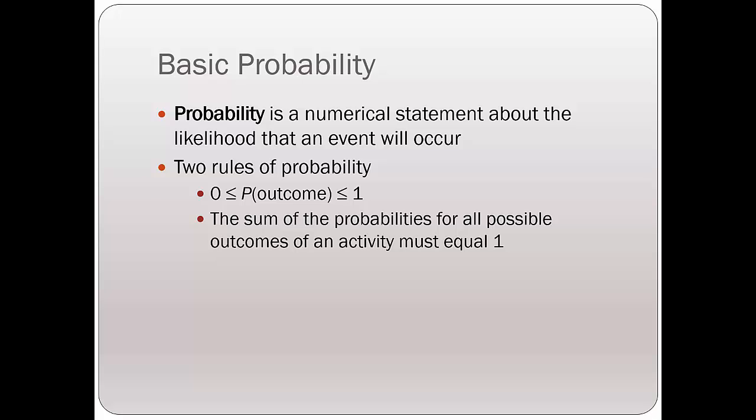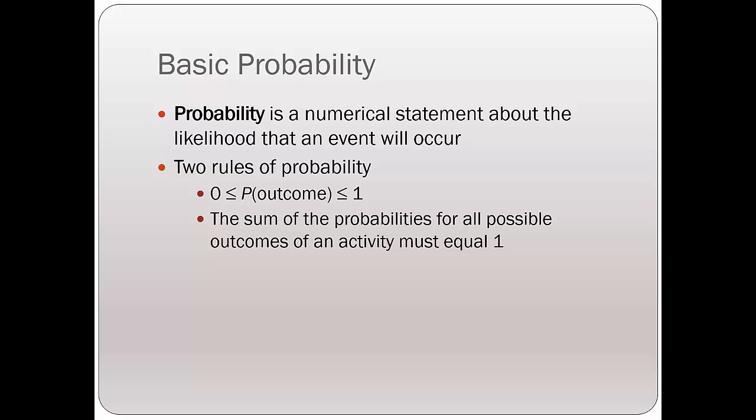Closer to 1 means it's more likely to happen. Closer to 0 means less likely to happen. And if you look at all the possible outcomes, each outcome having a particular probability associated with it, then if you sum all those probabilities for all possible outcomes, you should get 1.